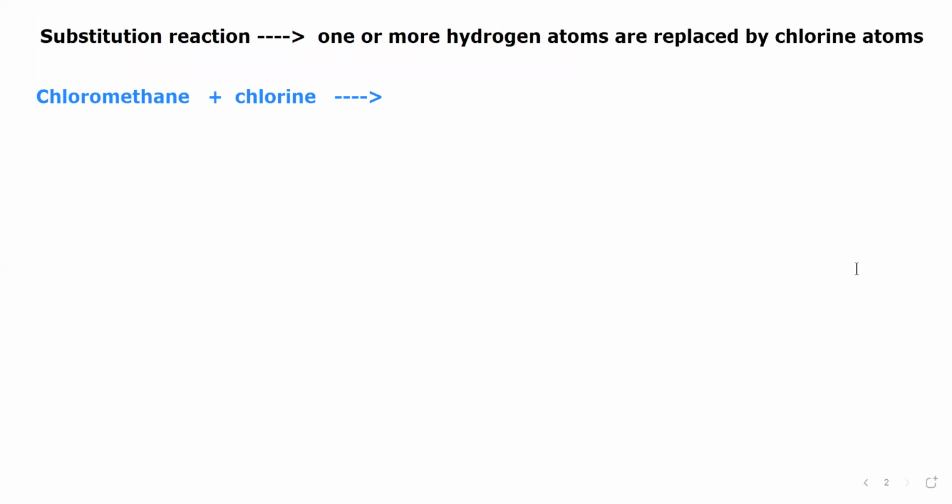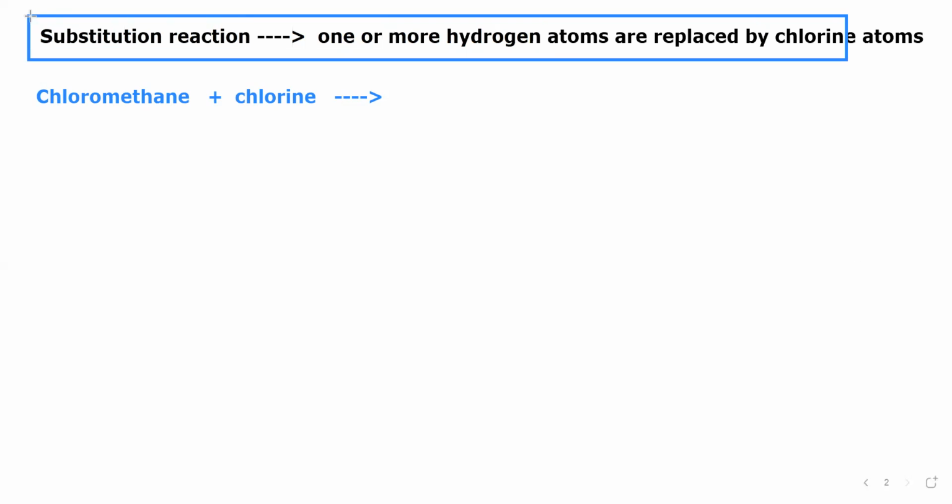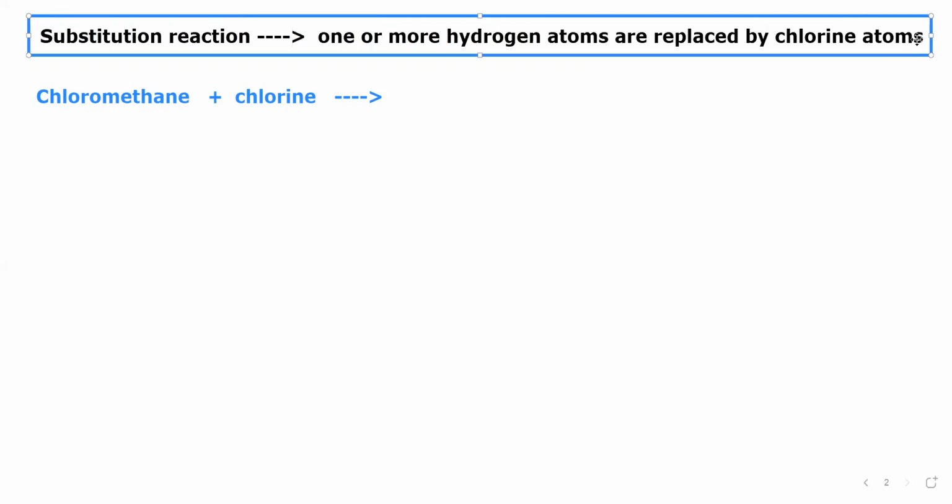Now see, here we already have chloromethane. We already know the formula of chloromethane: CH3Cl. And chlorine, Cl2, since halogens always exist in diatomic form.